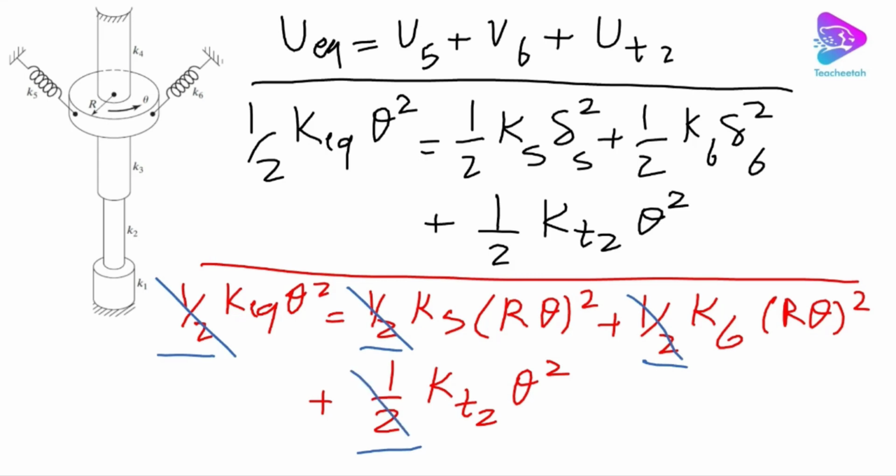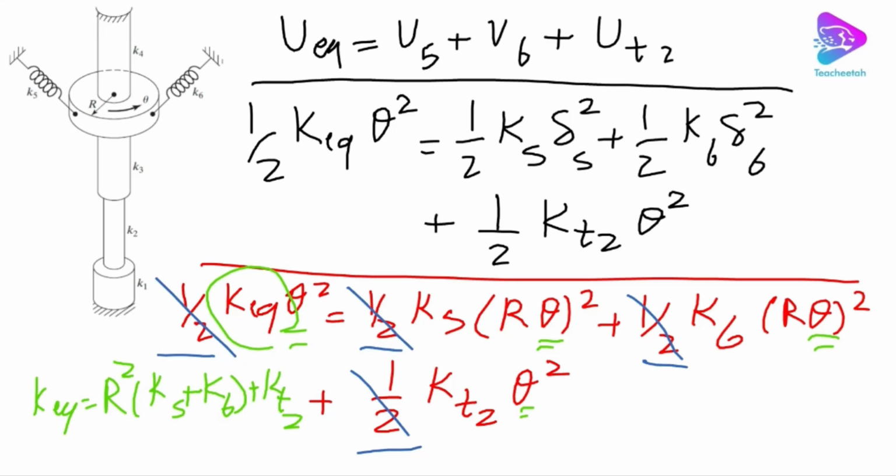So we have theta squared here, another theta squared, and theta squared. So if we simplify for K equivalent, the final equivalent stiffness of the system, we find K equivalent equals r squared times K5 plus K6, plus KT2. And that's it. We found the equivalent stiffness of the system, which is a torsional spring constant.